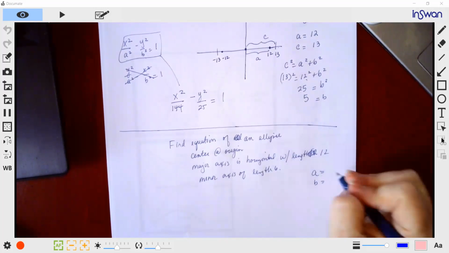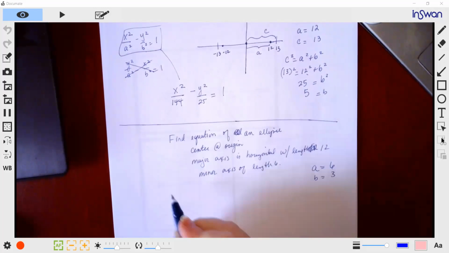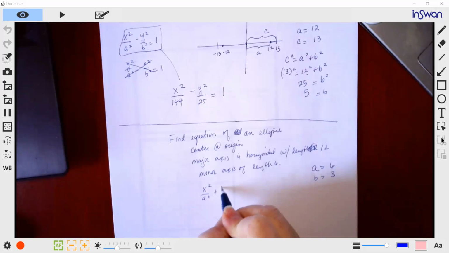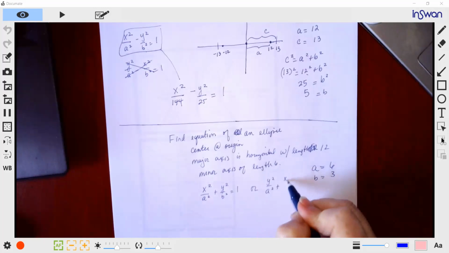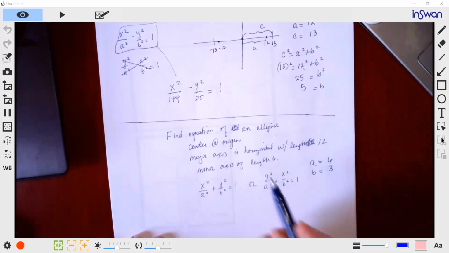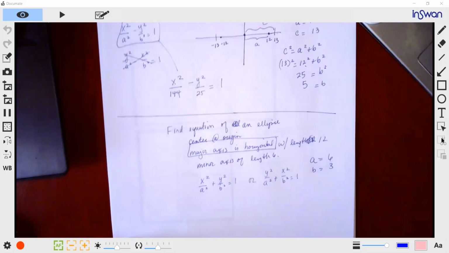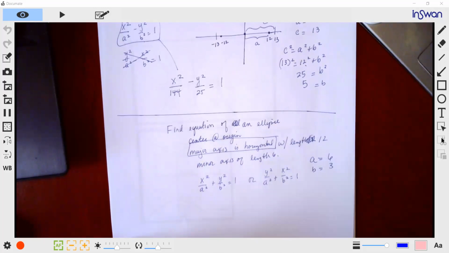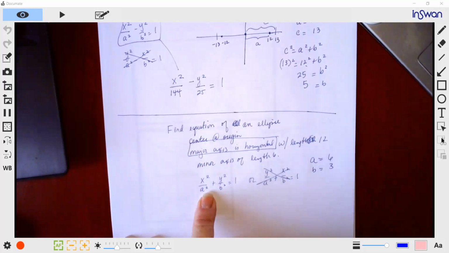6 and 3. You're done with that part, right? We're talking about an ellipse. So now we need to figure out, is it x squared over a squared plus y squared over b squared equals 1? Or is it y squared over a squared plus x squared over b squared equals 1? That depends on the major axis. Since the major axis is horizontal, it's wider than it is tall, so it'll be this form.